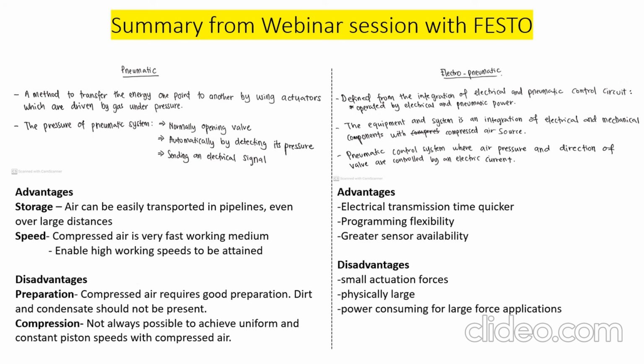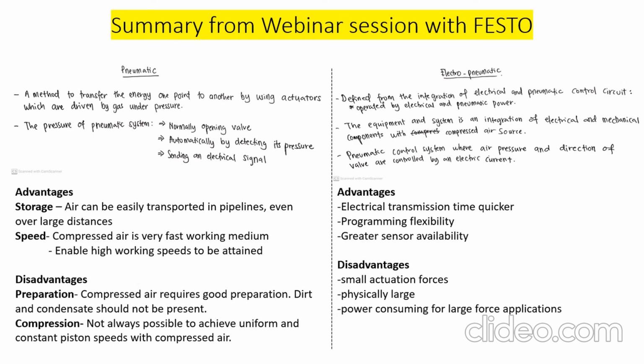So the advantage of using pneumatics is the storage, where air can be easily transported in pipelines over large distances. The speed: compressed air is a very fast working medium, which enables high working speeds to be attained.